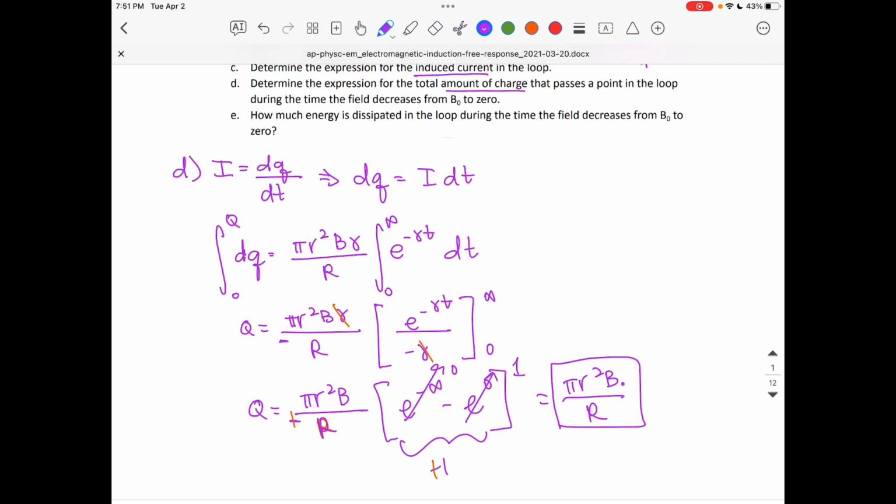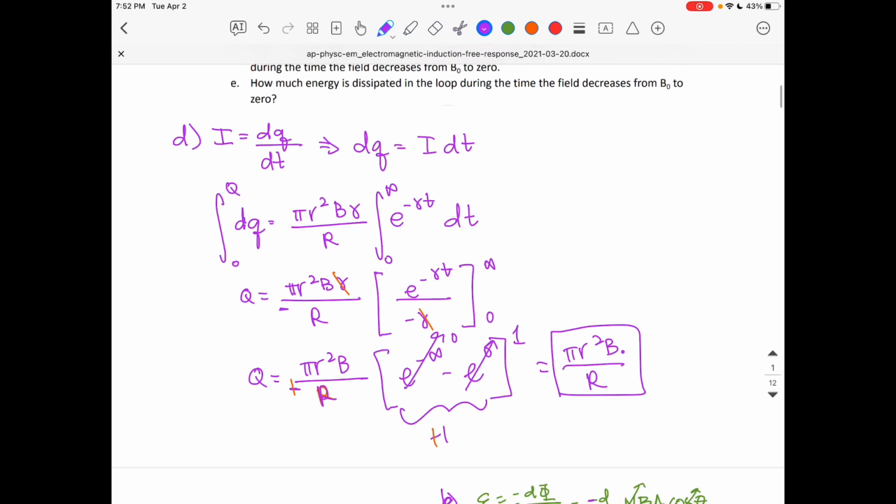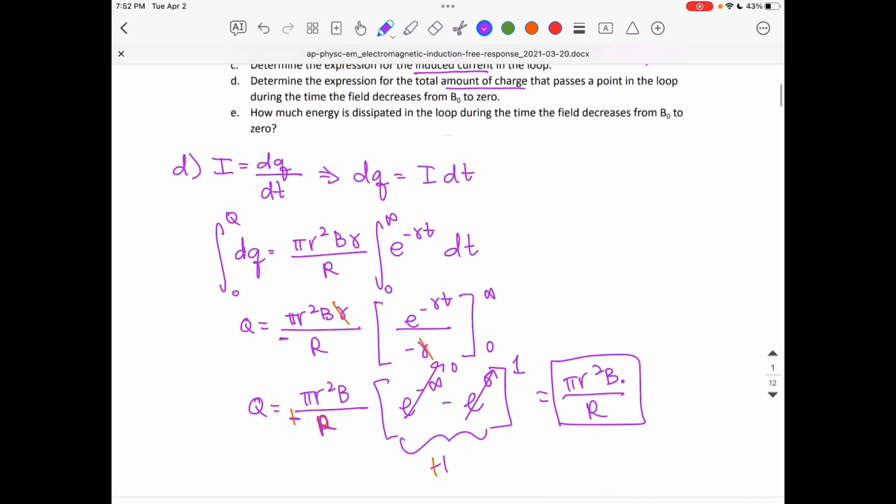How much energy is dissipated in the loop during the time the field decreases from B to time 0? In order to identify energy, we have to identify power. Power is a nice equation, especially since we have current and resistance. So let me try to squeeze E in up here.